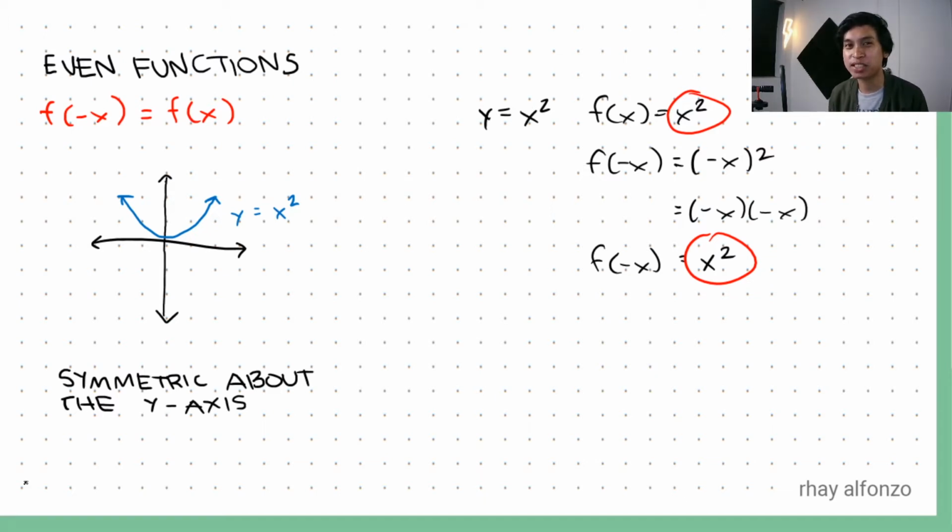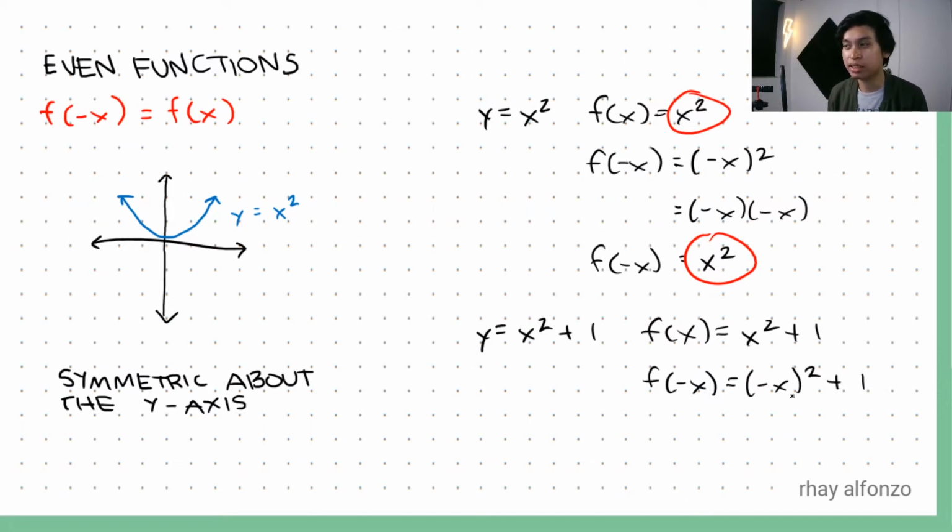Sir, paano pag may constant? When we have a constant, for example, y is equal to x squared plus 1, or f of x is equal to x squared plus 1, then we just apply the same thing that we did earlier. We just replace all x with negative x. So f of negative x is equal to negative x quantity squared plus 1.